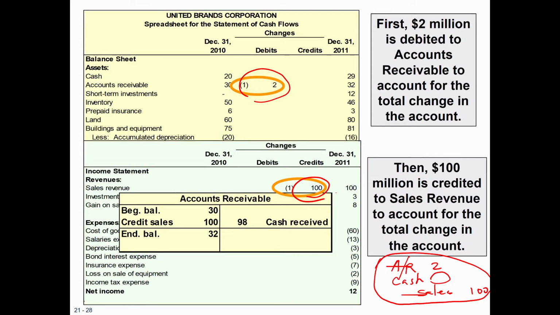Okay, so let's start to work on this one by one, item by item.